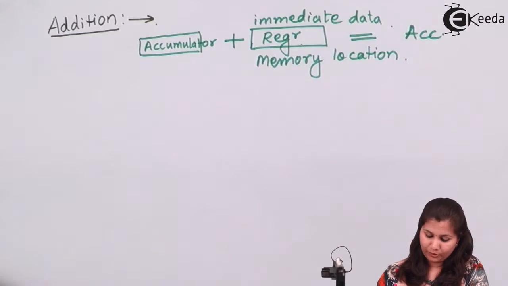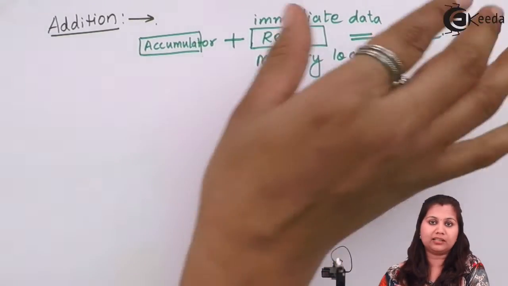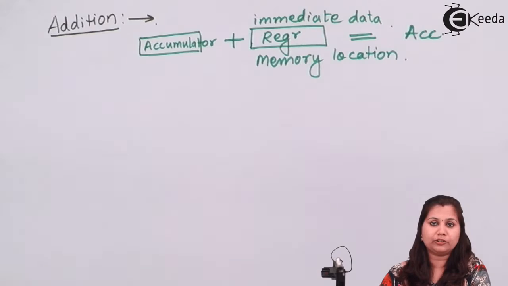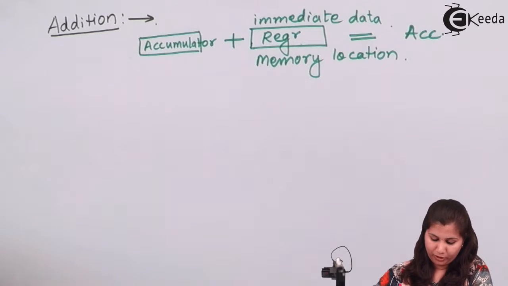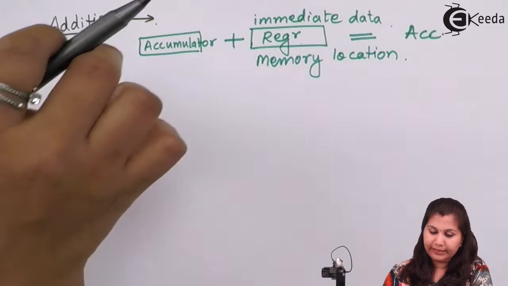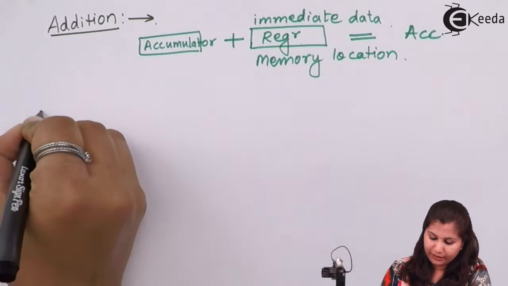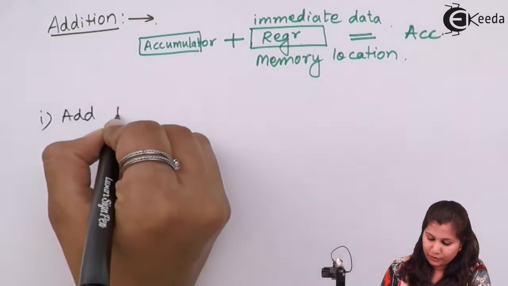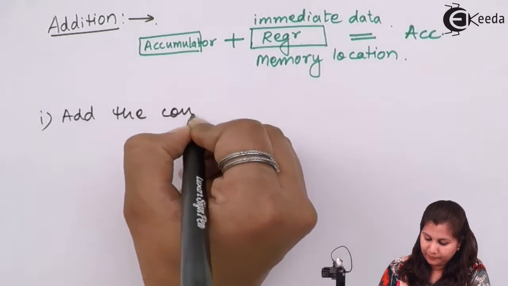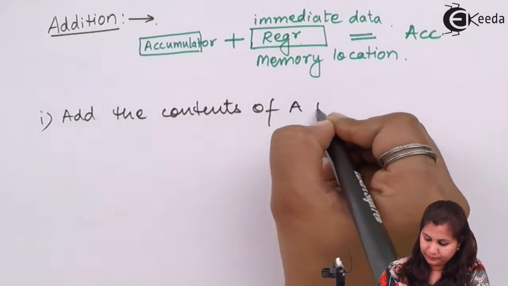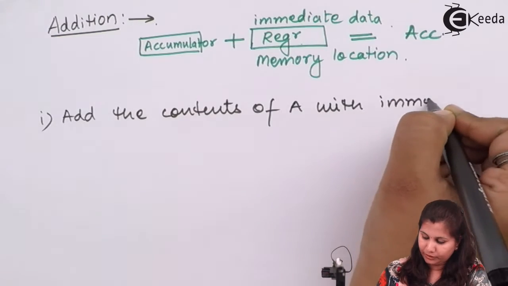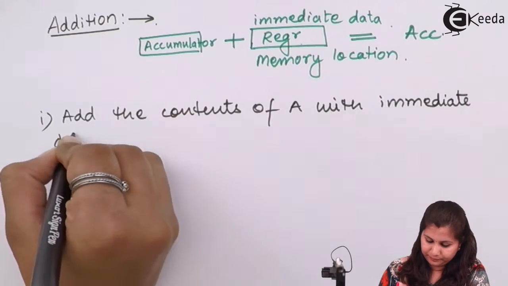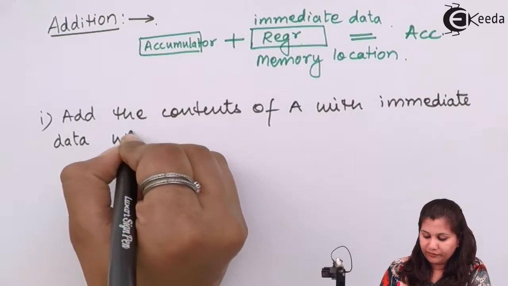So the destination will always be the accumulator, where the result of the addition is stored. Now in this addition category, we have three types of operation. First is to add the contents of accumulator with or without carry.